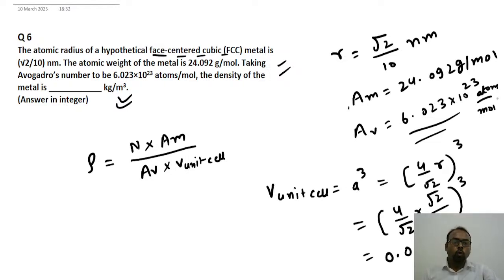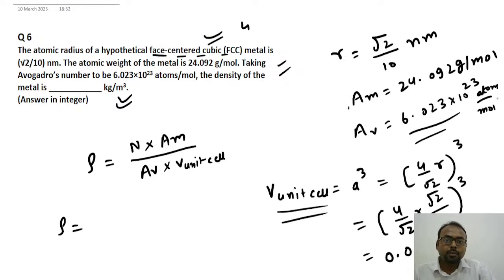Now we have the volume of the unit cell, and we will put this value here to get the rho value. How many atoms are there for a face-centered cubic material? That is 4, right? So 4 into the atomic mass we have been given, 24.092.